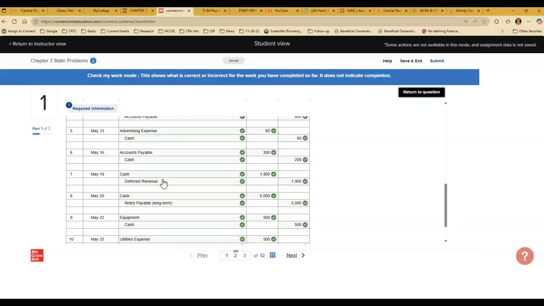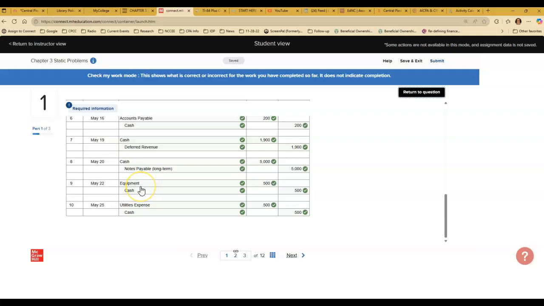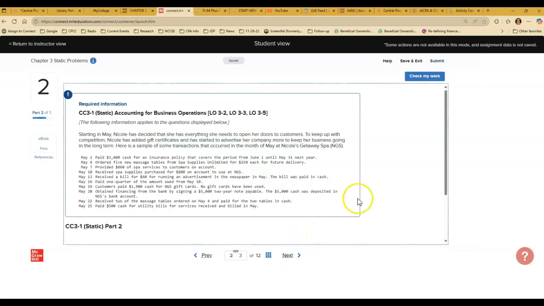So that liability account is becoming revenue. And again, that equipment, I'm not going to go too far with it, that equipment is going to become an expense as well. This note payable, now this one doesn't follow the pattern too well because we've got to accrue interest, and that is going to be an expense. Okay? But you see how most of those, it's like they start off as assets and become expenses, and then they start off as debt, and deferred revenue becomes revenue. So there's a pattern.